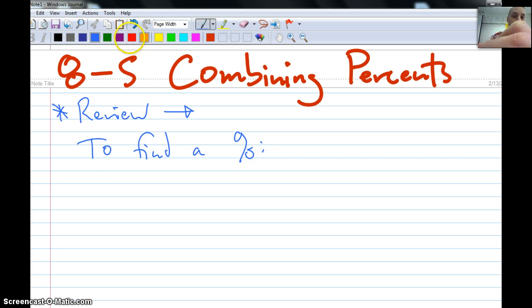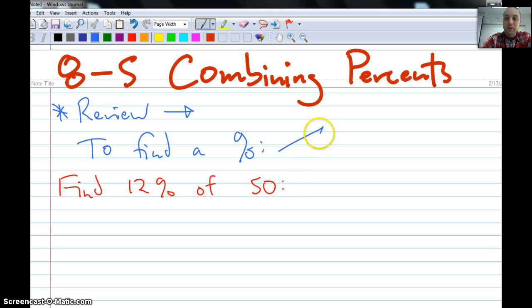I'm going to do an example right along here in red. If we said find 12% of 50. So the first thing you need to do to find a percent, number one, change the percent to a decimal.